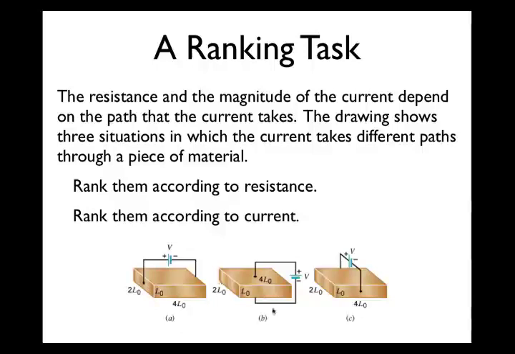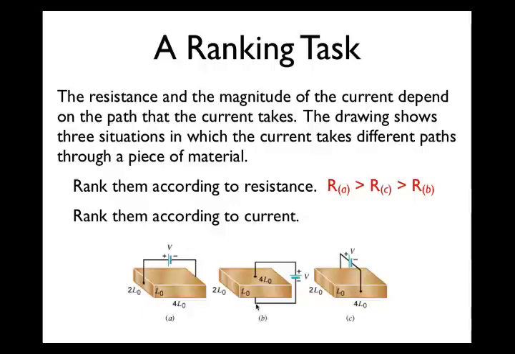The one that is least resistive is the one here in the middle, B, because the charge is flowing into the side that is 4L naught by 2L naught, and it only has to travel a distance of L naught. And situation C is right in the middle in terms of ranking the resistances.